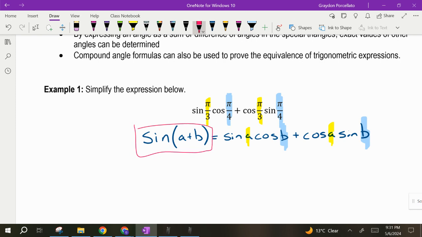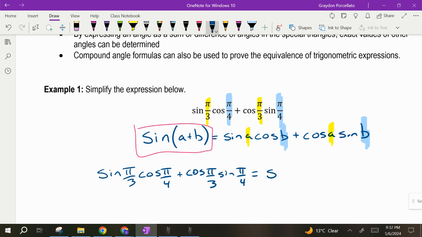So we can simplify that to, and I'm going to write it this way. So we're going to write this expression here: sine pi over 3 cos pi over 4 plus cos pi over 3 sine pi over 4.